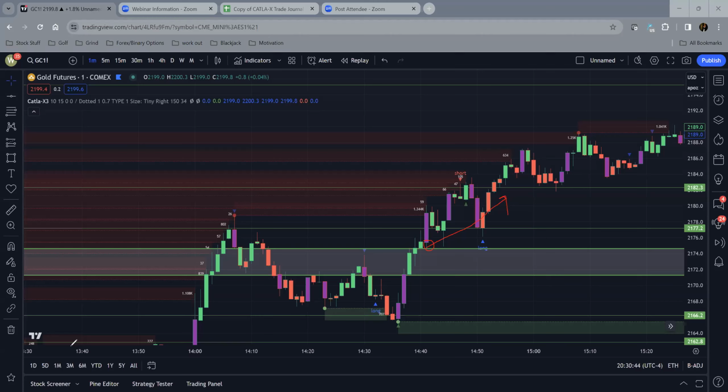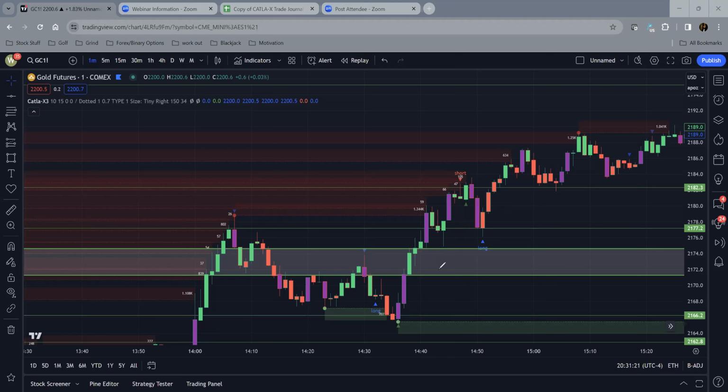My last area of relevant liquidity would be this imbalance right here. Okay. And I also have what? An area of liquidity here. And I also have an imbalance here. Everybody see that? We're on the same page.